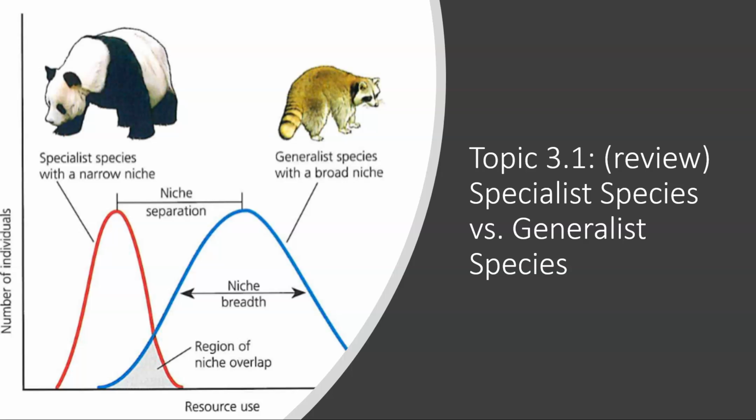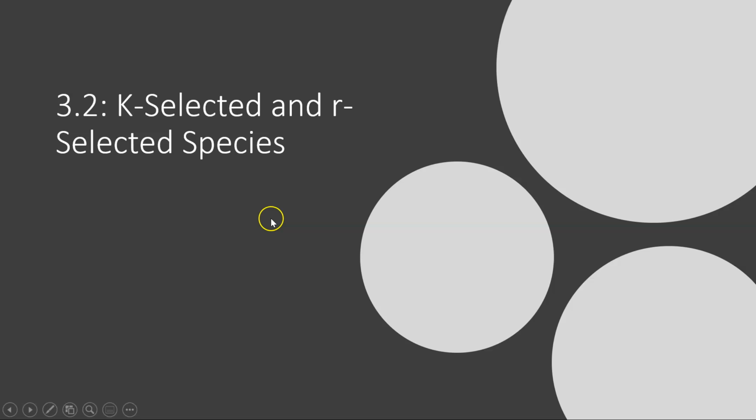So they might be highly adapted to a very specific habitat, okay? Whereas the generalist species has the types of adaptations that allow it to live in lots of different habitats. Okay, and we already talked about the fact that our specialist species are definitely more prone to becoming endangered or extinct over time.